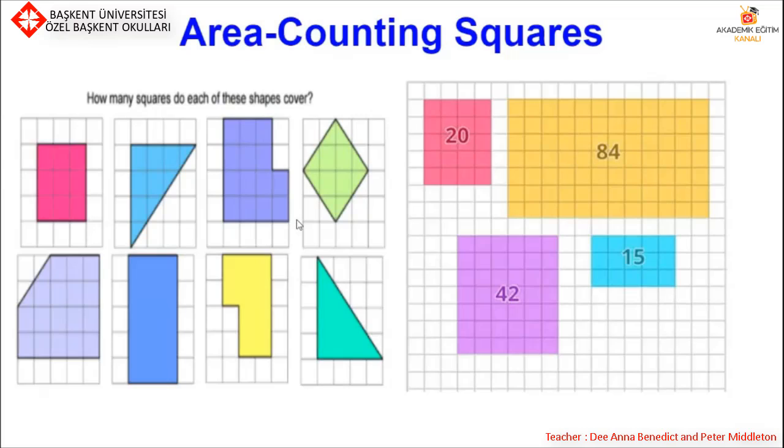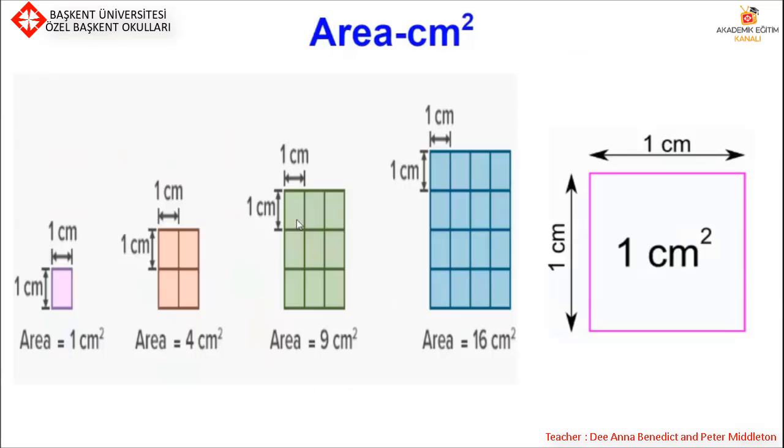This is a start to area, and we're counting the squares of different shapes. So can you see that there is a purple rectangle? It has got 84 squares. This is the area of the rectangle.